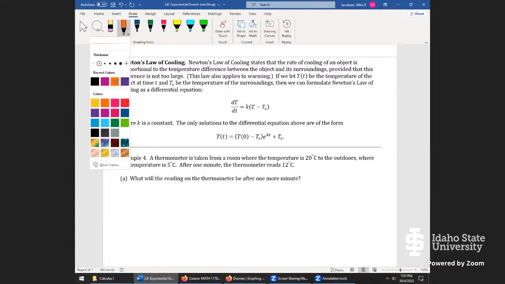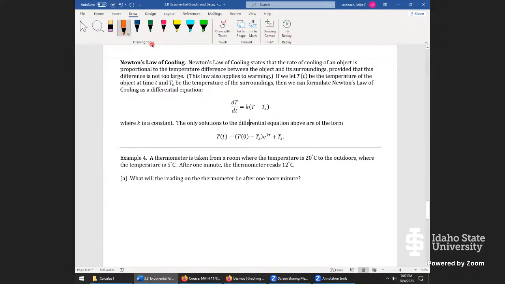Let's list them out just for the sake of notes. T of t is temperature. T sub S is surrounding temperature. You can think of it as, say, ambient temperature. And K, well, we'll call this the relative growth or decay rate.